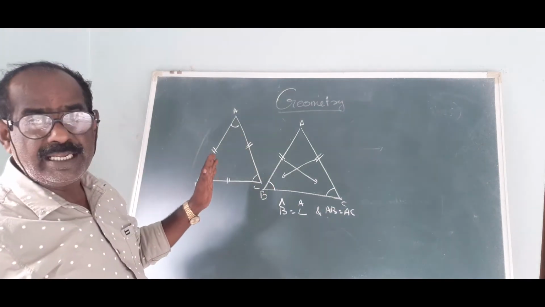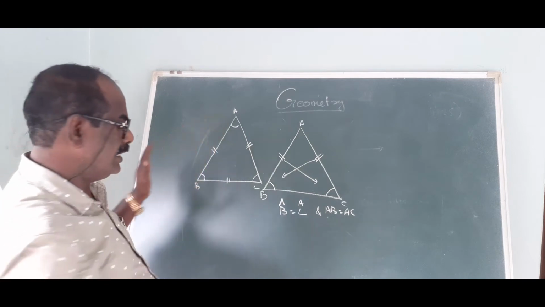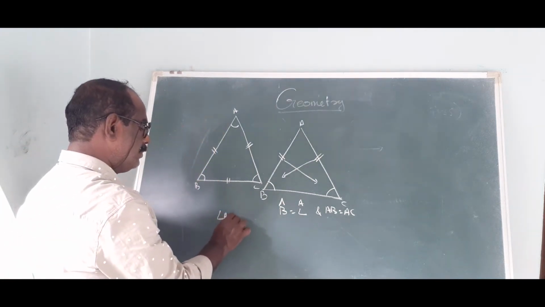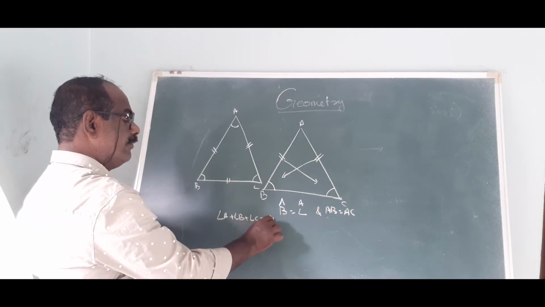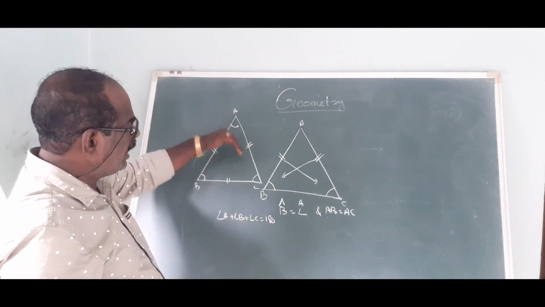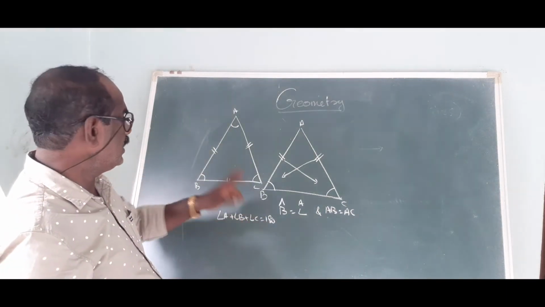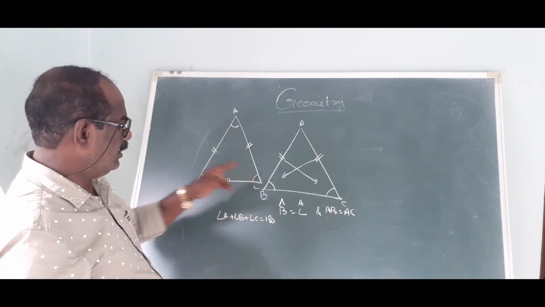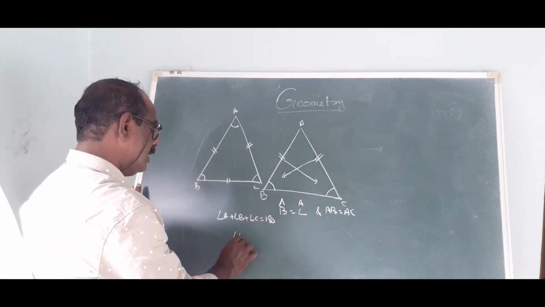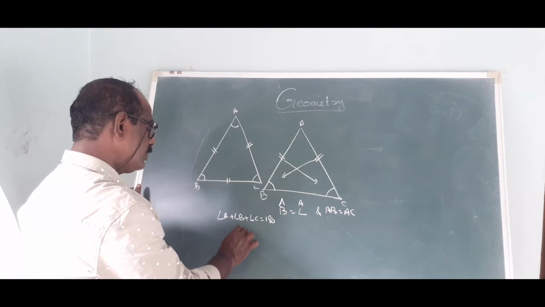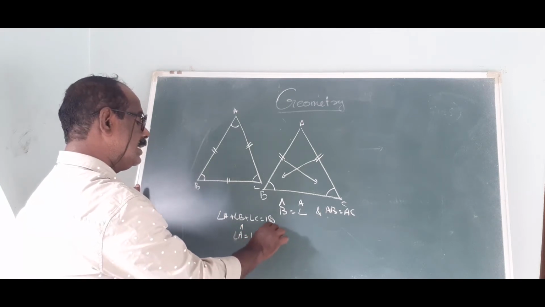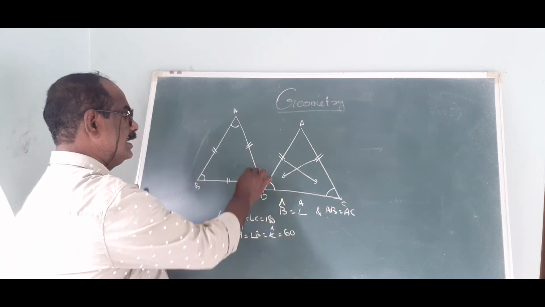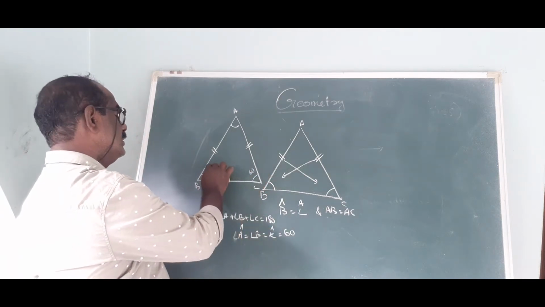The sum of the interior angles of a triangle is angle A plus angle B plus angle C is equal to 180. If the three angles are equal, then each angle A is equal to angle B is equal to angle C is equal to 60 degrees. Each angle becomes 60 degrees.